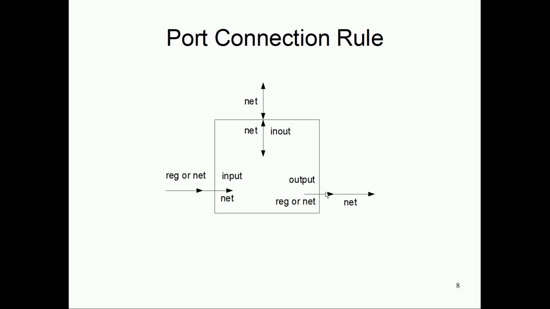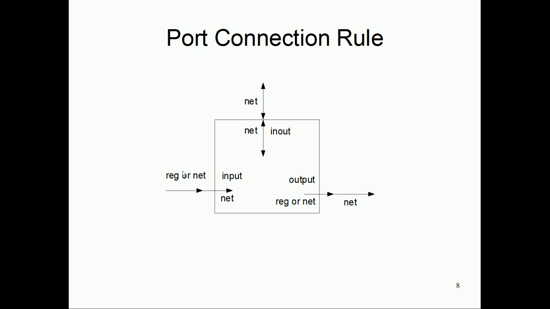So ultimately, through the hierarchy somewhere down below, a single wire has to be driven by a register storage within the simulator, but in the higher hierarchies it can be a net to net connection.